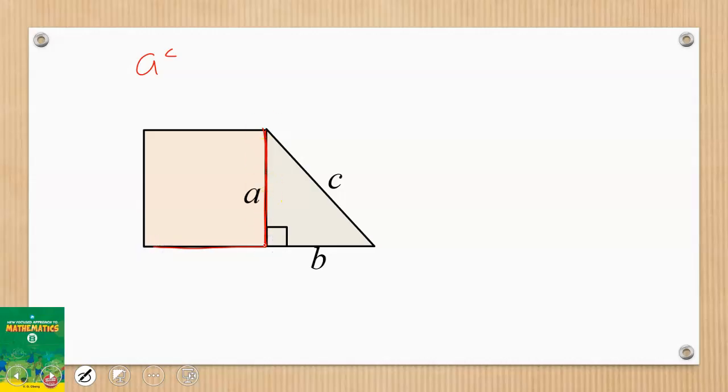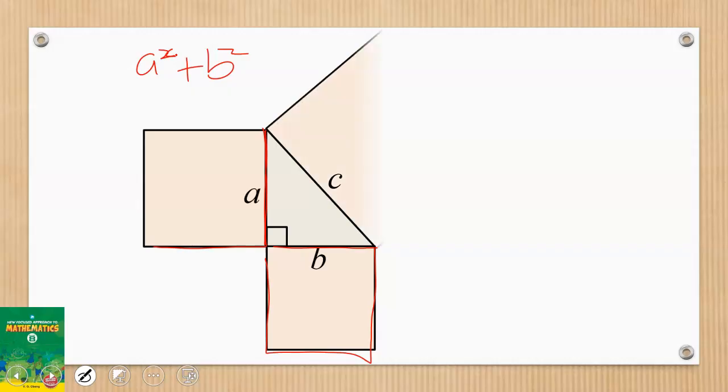Then you pick the square of the other side too, that is b, which means b squared. If you sum these two squares together, it should be equal to the square that will take care of the hypotenuse, which is the longest side of the right-angled triangle. Always the longest side is what we call the hypotenuse.